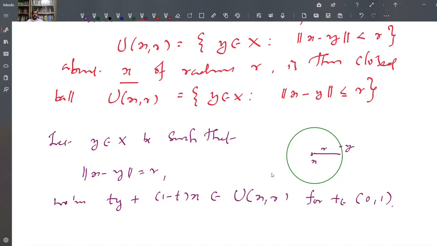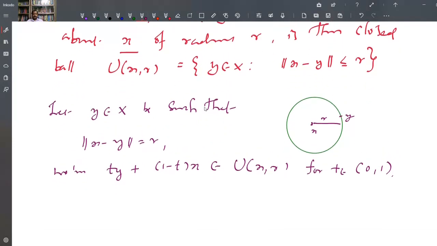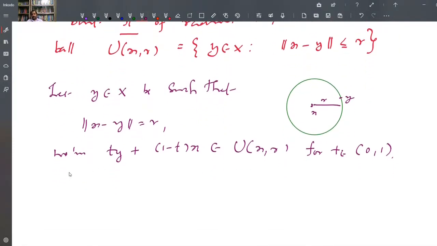Remember that U is convex, and ty plus (1 minus t) times x converges to y as t tends to 1. So you have a sequence in U(x,R) which converges to y, and y is a boundary point.